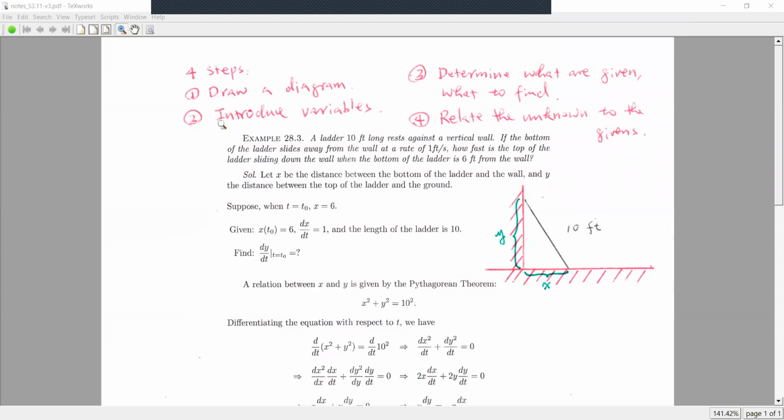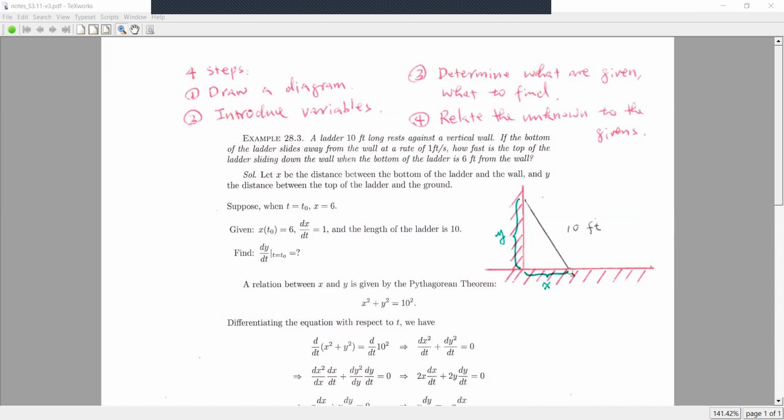Step 2, introduce variables. Between the wall and the bottom of the ladder, the distance is denoted by x. And between the top of the ladder and the ground, the distance is denoted by y.